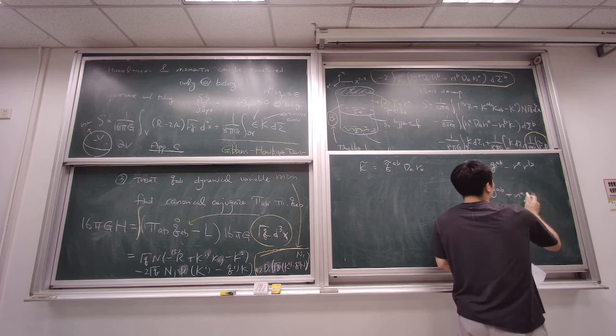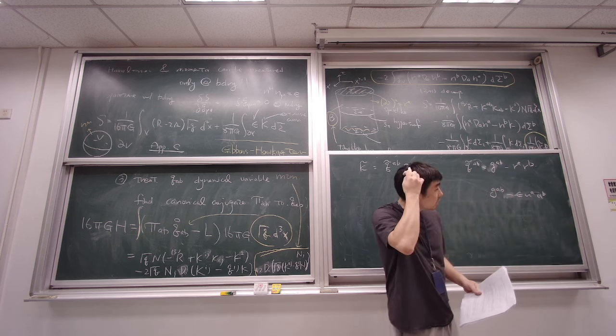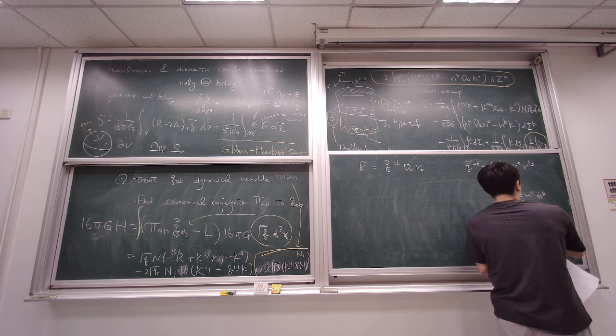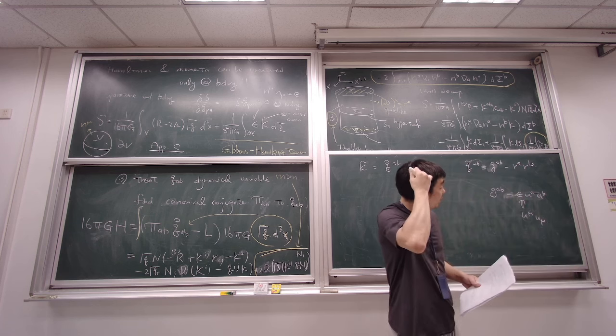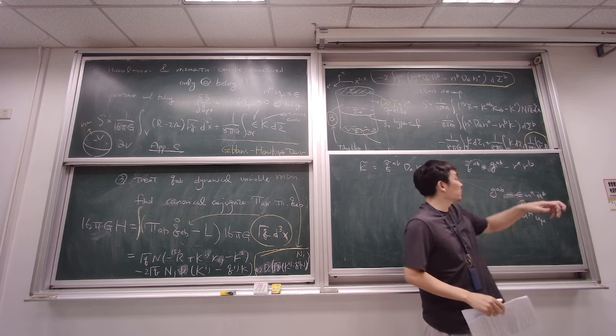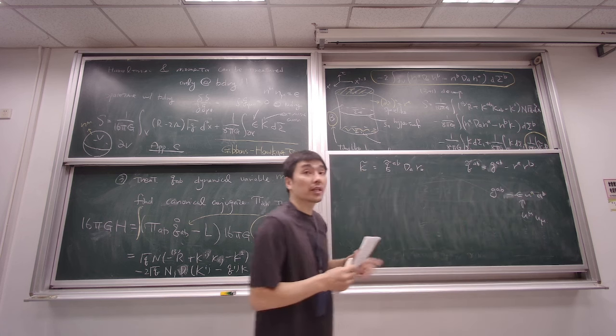Usually it's like this, where epsilon is the sign. Depending on whether the normal vector is space-like or time-like, the sign will change here. Okay, so this is k tilde.